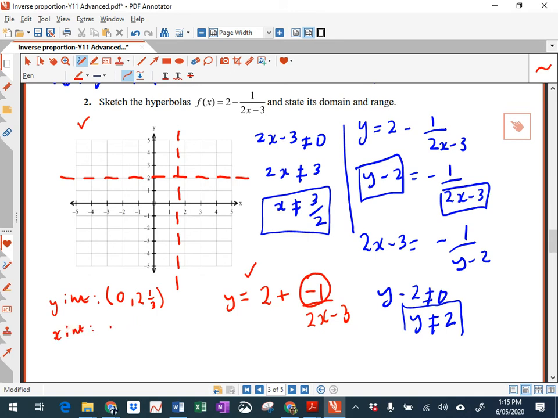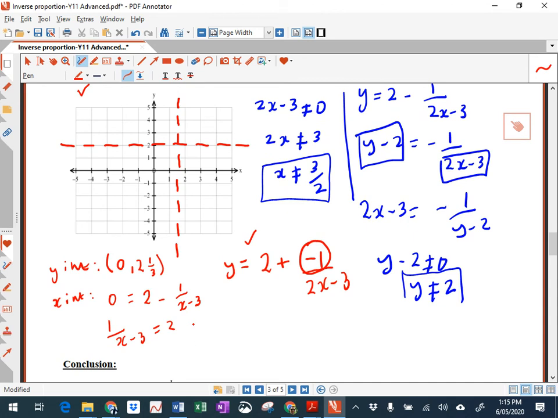For the x-intercepts, put y equal to 0, so you're going to get 0 is equal to 2 minus 1 on x minus 3. And then I'm just going to put the 2 on the other side. Now, do I have room for that?